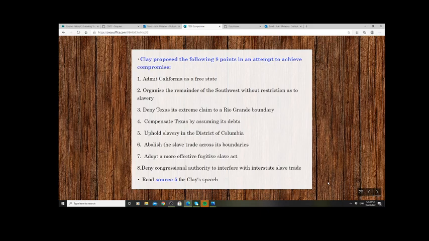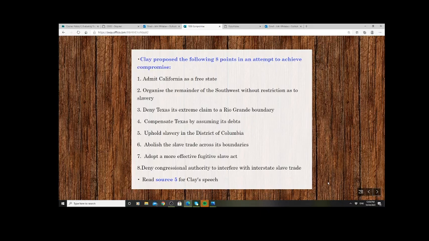But number 6 says abolish the slave trade across its boundaries. So, a bit of a compromise here. You can keep slavery in Columbia, but you couldn't allow slaves to be bought and sold in the area of the District of Columbia. So slightly complicated, but that's more pro-North, that part.